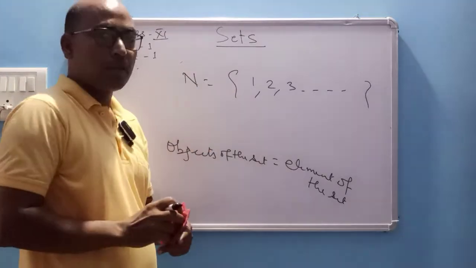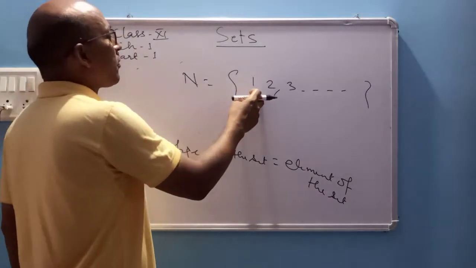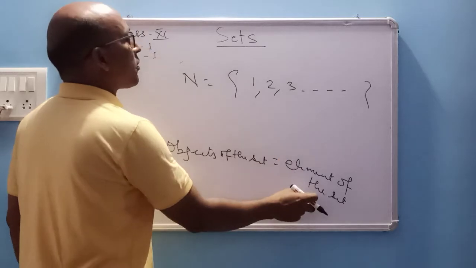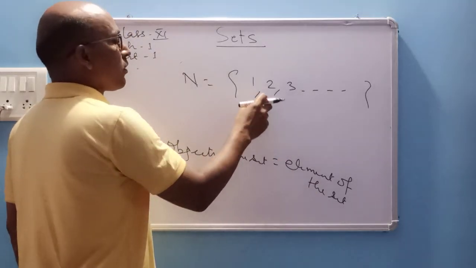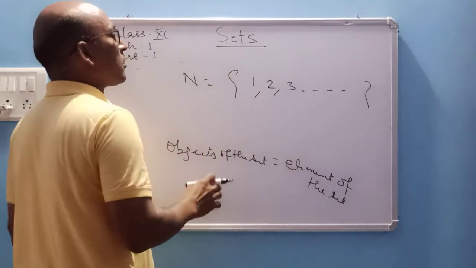Seeing this set, we can say that 1 is an element of the set. An object of the set is called an element of the set.